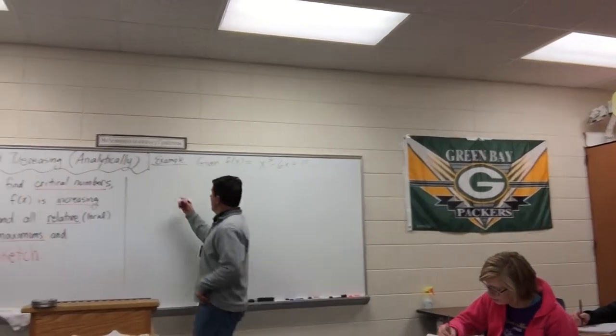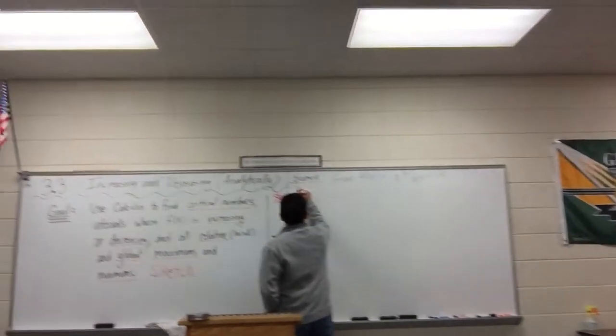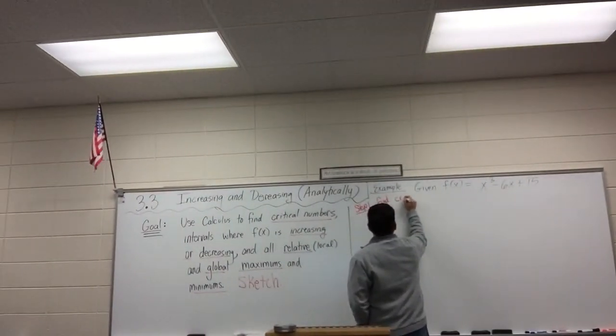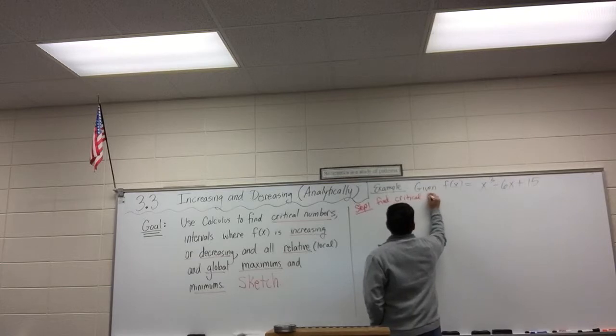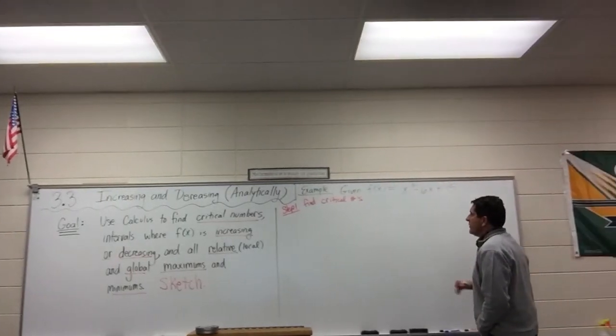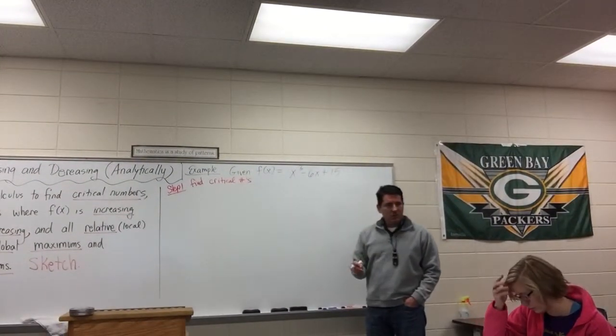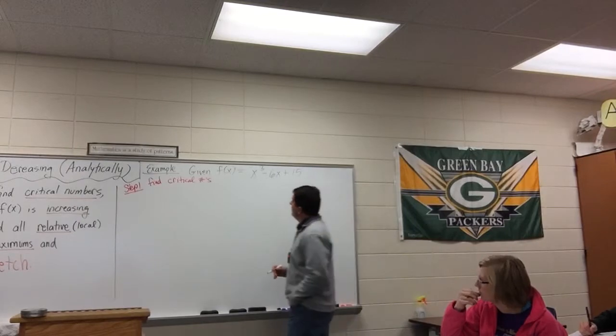So step one, we're going to find the critical numbers. To find the critical numbers, we find the derivative and then find where it's either equal to 0 or where it's undefined.